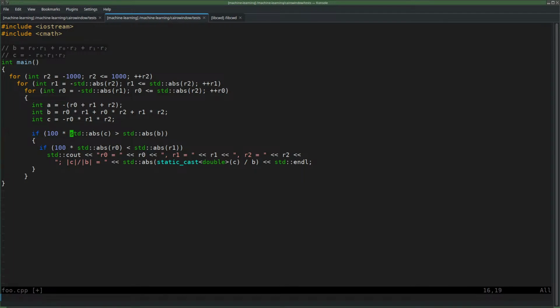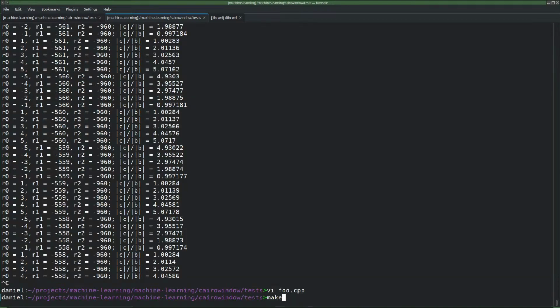And now we're going to look for a case where that is not true, but still R0 is much less than R1. Let's see what that gives.